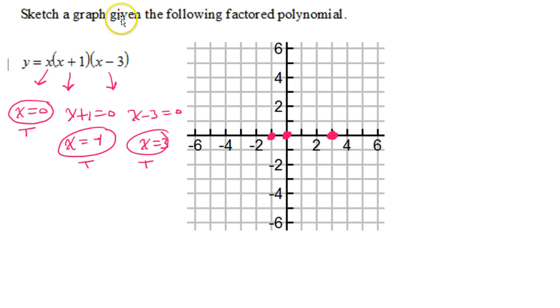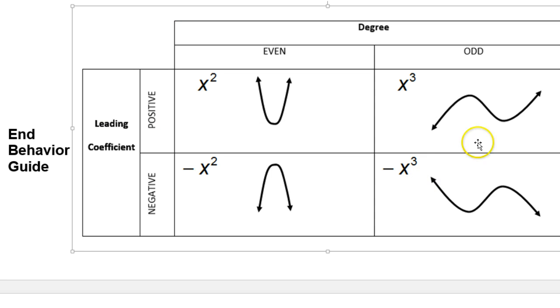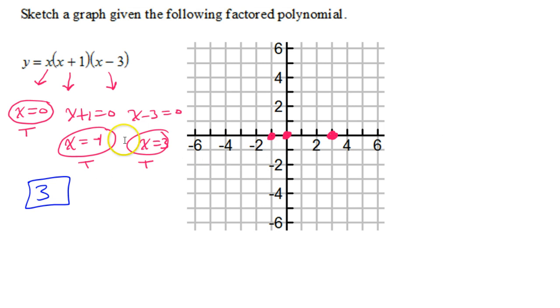So in this case, the degree is 3. That is odd, and there's no negative sign in front, so it's going to be the positive version of my odd degree. So my end behavior is going to be like this, down and then up. So this is the type of sketch I'm looking for end behavior wise.